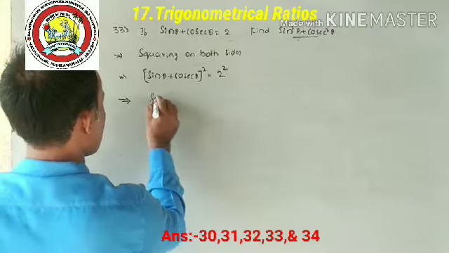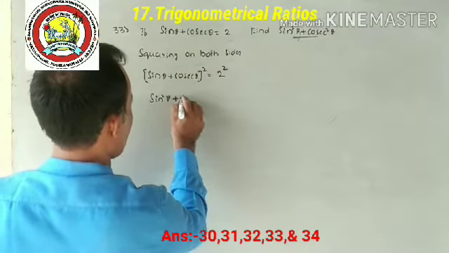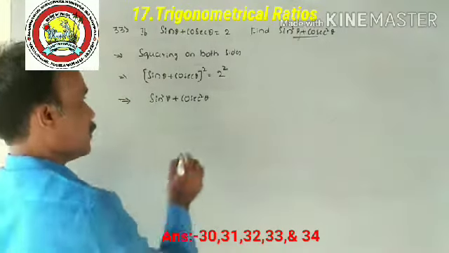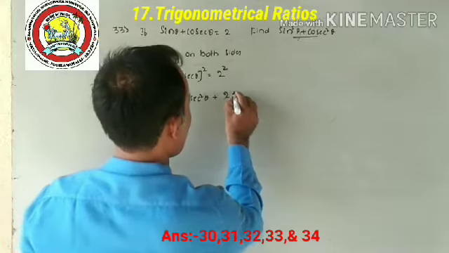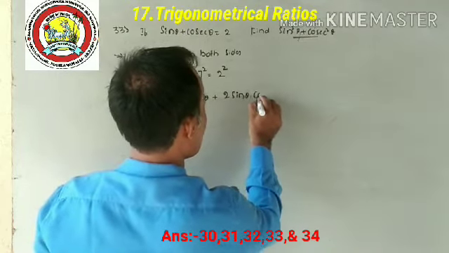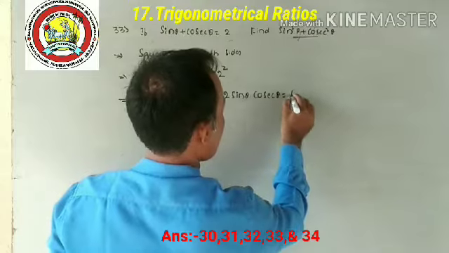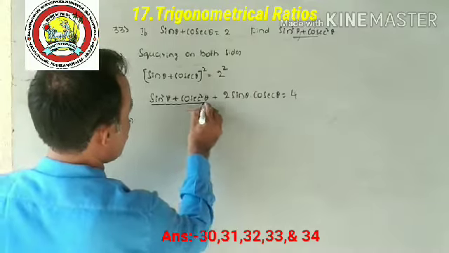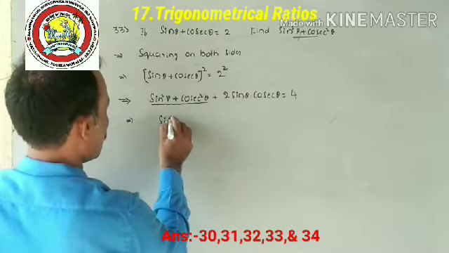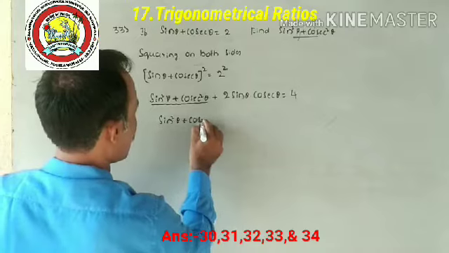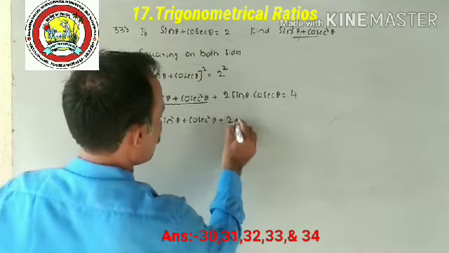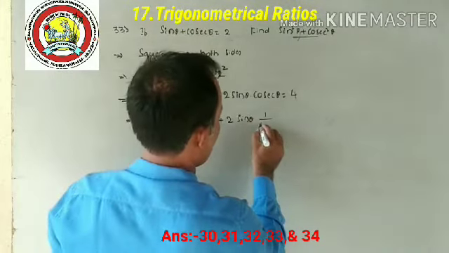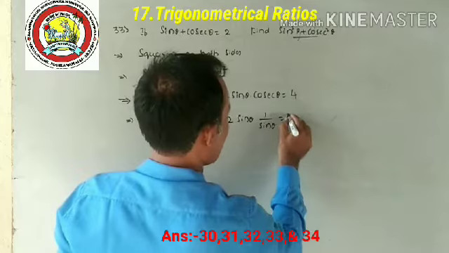That's a square sin square theta plus b square cosecant square theta. Just observe here, you got this term, plus 2ab, 2 into sin theta into cosec theta is equal to 2 square, 4. Thus this implies, don't disturb this term, sin square theta plus cosecant square theta plus 2 sin theta into cosecant theta, which can be written as 1 divided by sin theta, is equal to 4.